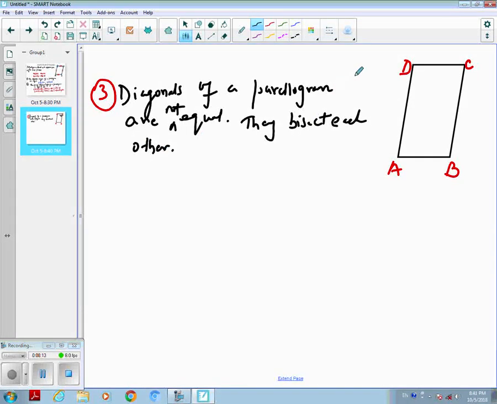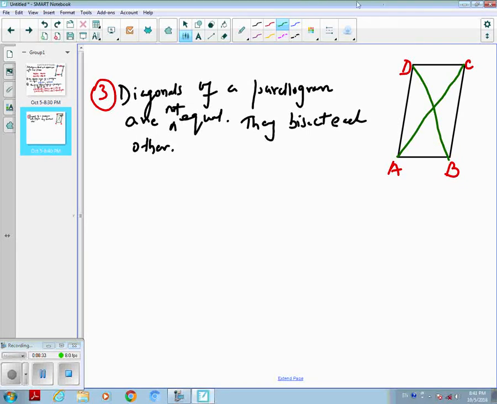What do we mean by that? Just look at this. This is diagonal AC and this is diagonal BD.